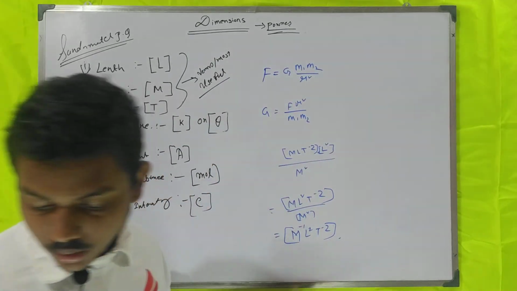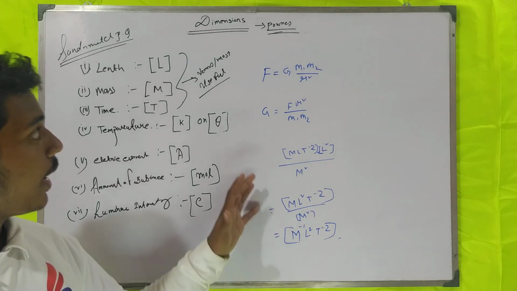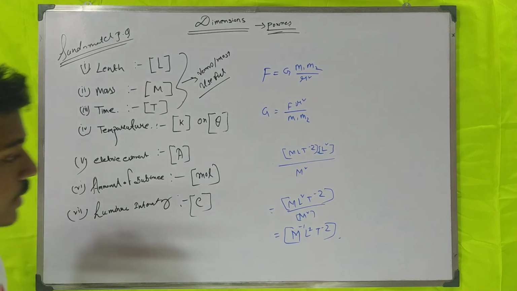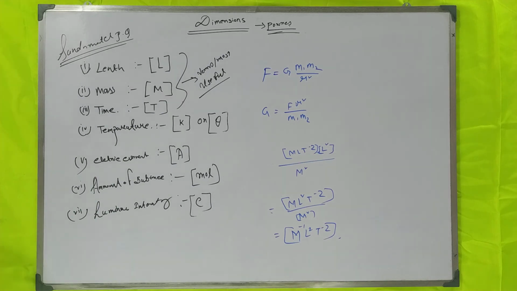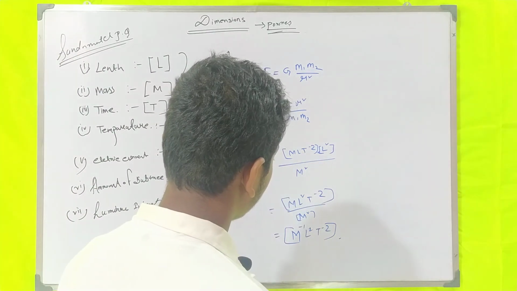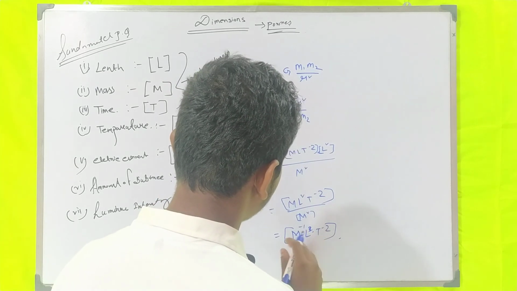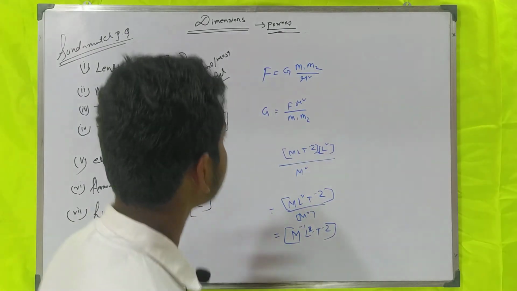The gravitational constant has dimensions, so the dimension is M^-1 L^3 T^-2. Okay, is it clear to all?